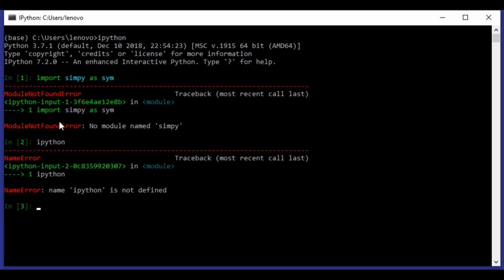Sorry, SYMPY, import SYMPY as SYM. All of you, please import that SymPy package initially. Here I have imported SymPy.